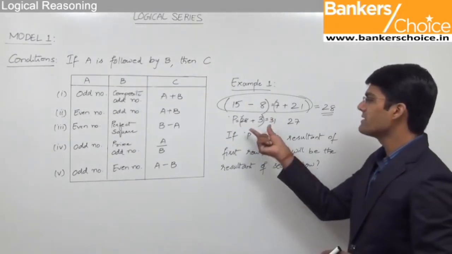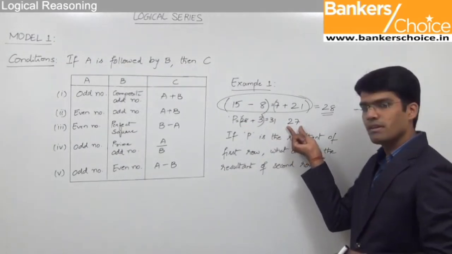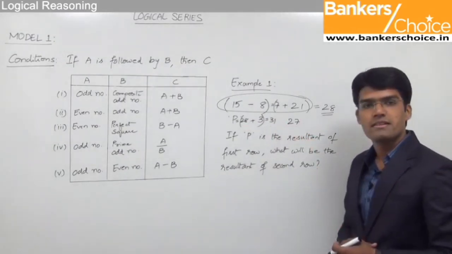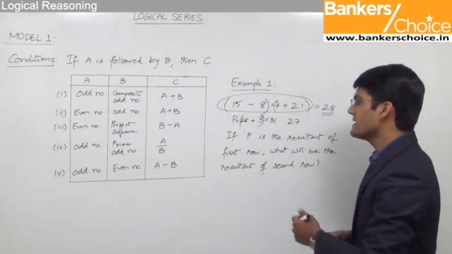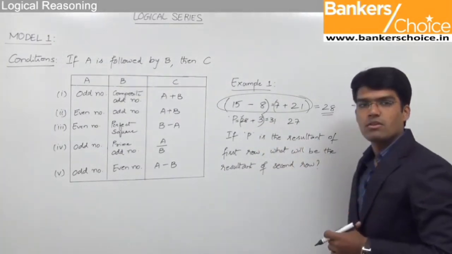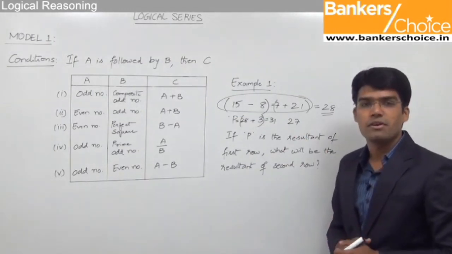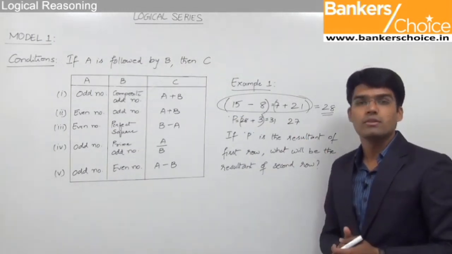Now once we have got the resultant of the first two numbers, we need to take the result with the third number and find out the overall resultant of the second row. As you can see here, the number 31 is odd and 27 is also odd. And 27 is again a composite odd number because it has more than two factors.